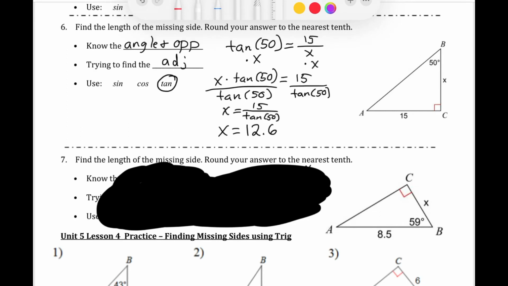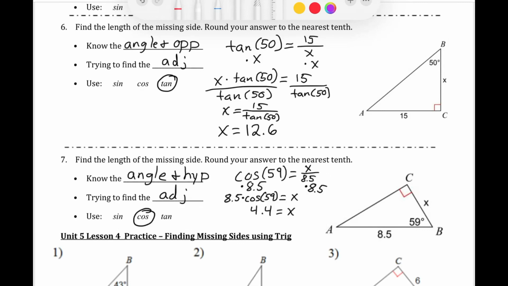Again, pause the video and attempt number 6 and 7. Number 6, you should have gotten 12.6. And number 7, you should have gotten 4.4.